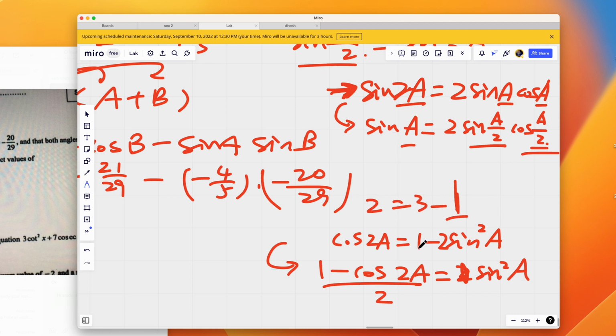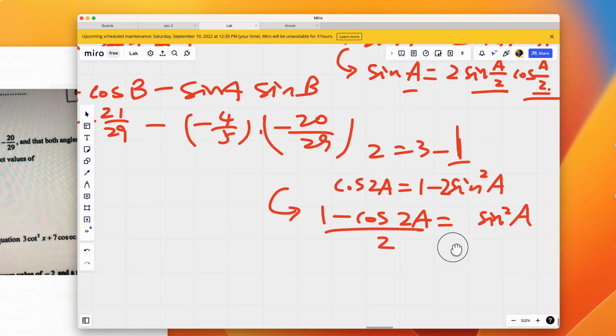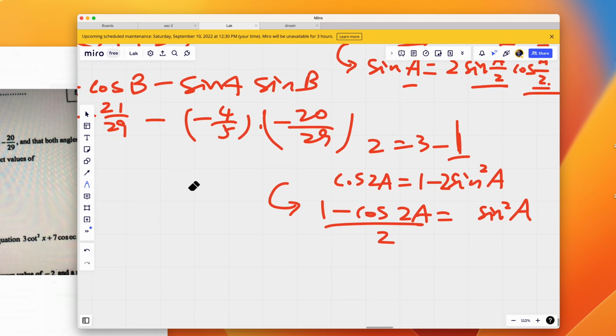So how do you get 1? 3 minus 2. Yeah, that's why I pick 1, minus. So I do the minus, and then I divide by 2, so this 2 is gone. So you get sine square A. Okay, then done.